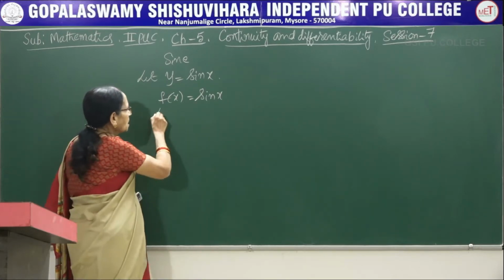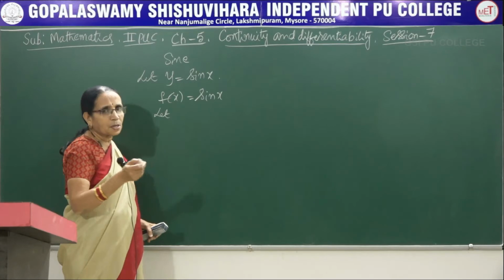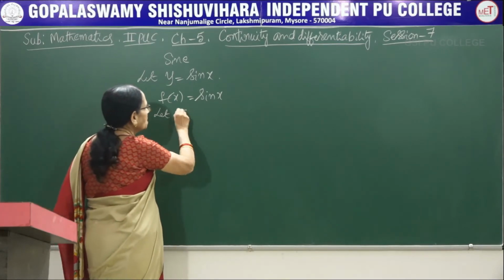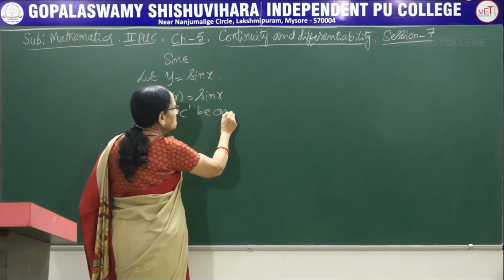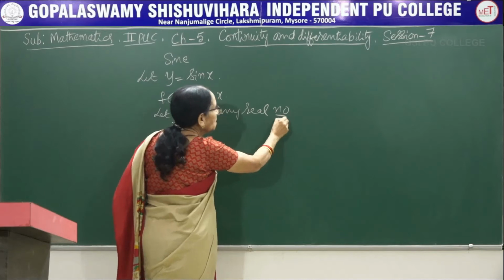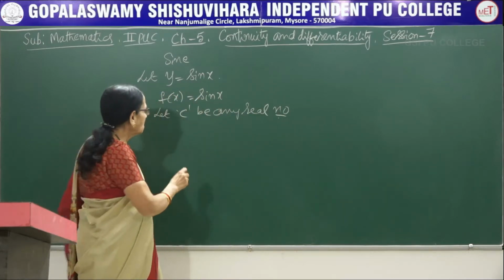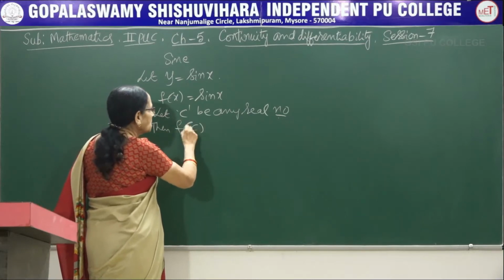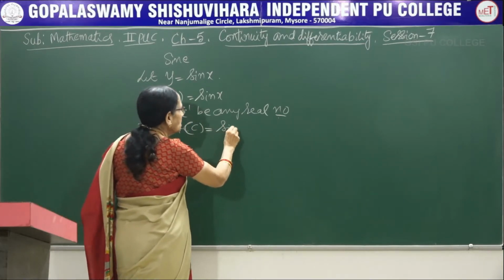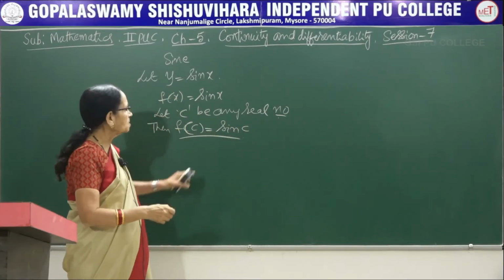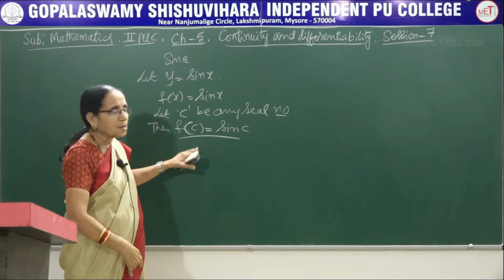Now let me take the usual procedure. When a particular point is not given, we take a general value. Let c be any real number. Then let us find out the value. f(c) is equal to sine c. Now this is the value of the function, the sine function, at the point c.